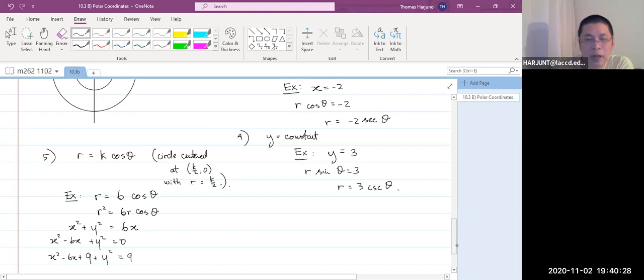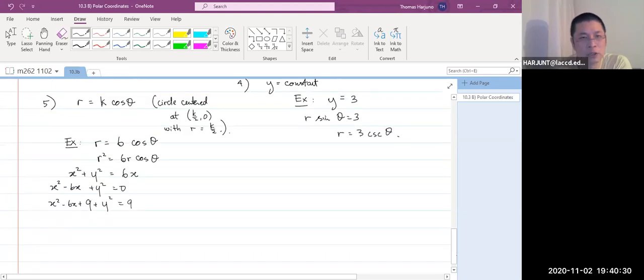You see that 9 actually comes from the square of half of that 6. Is 6 here, right? That's 6 there. You divide by 2. That's how you get that 3. And then you square the 3, you get that 9.